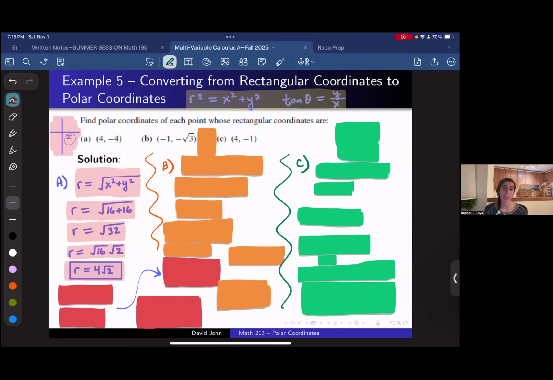Now let's take a look at our tan theta. Our tan theta is y over x, so -4 divided by 4, which is -1. And we know that tan of theta is also the same as sine of theta divided by cosine of theta.